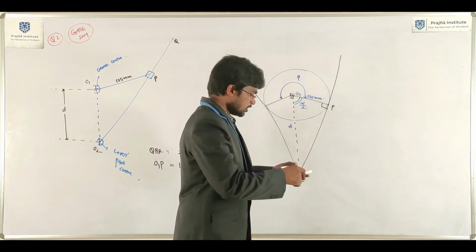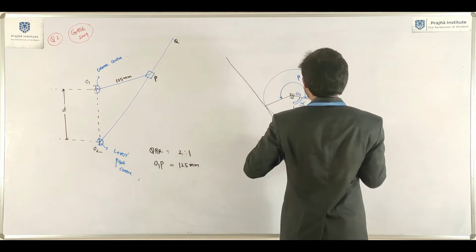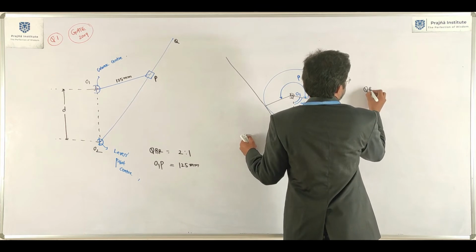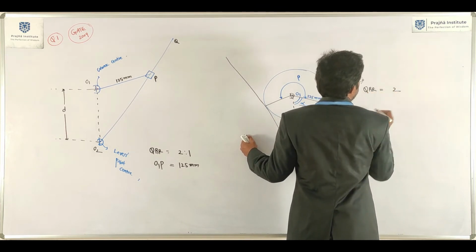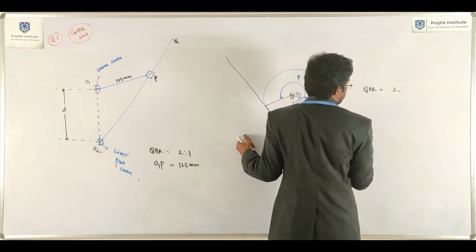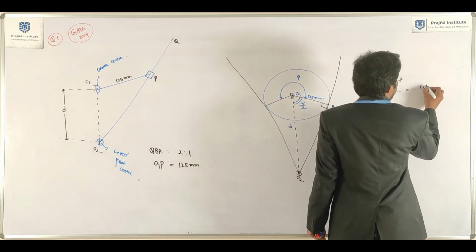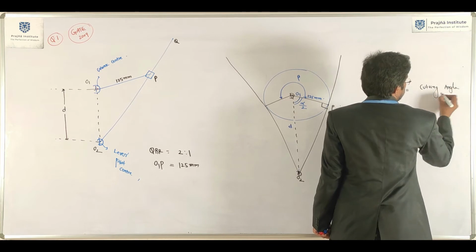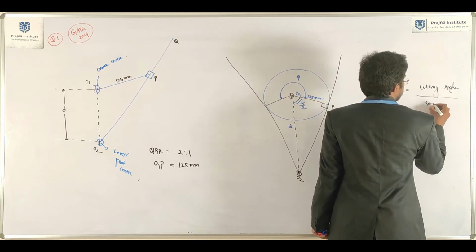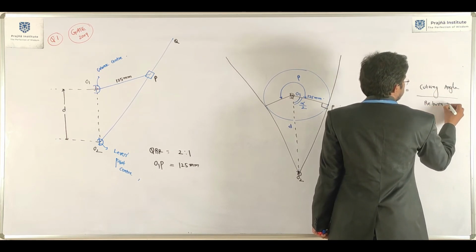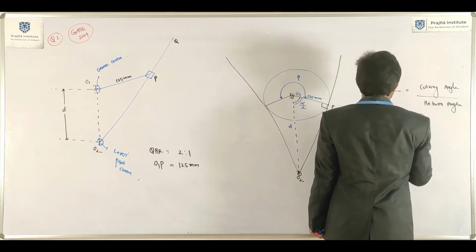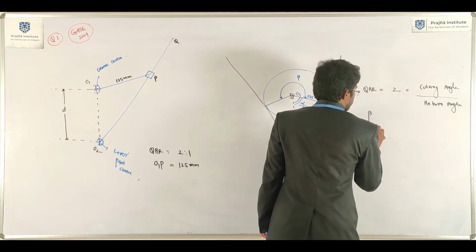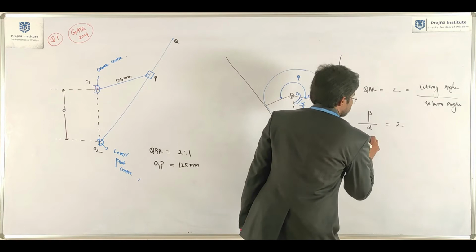The quick return ratio is given as 2. Quick return ratio is nothing but cutting angle by return angle, that means beta by alpha equal to 2.